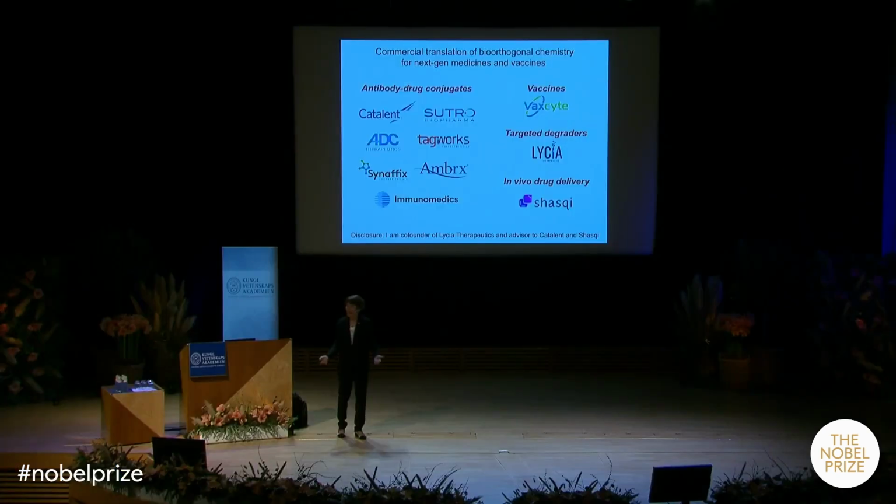Also, the applications expanded. So 20 years ago, we developed these chemistries as tools for basic research in the laboratory setting. But over the last 10 years or so, there's been considerable activity in the translation of this chemistry for new medicines and new diagnostic strategies for human disease.